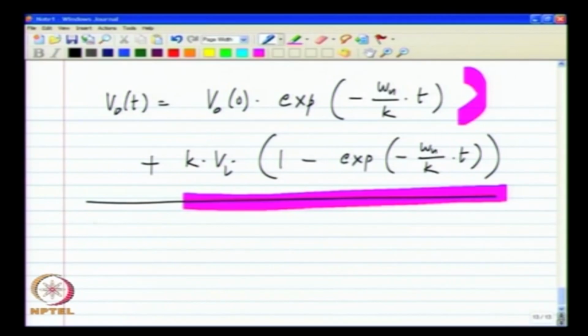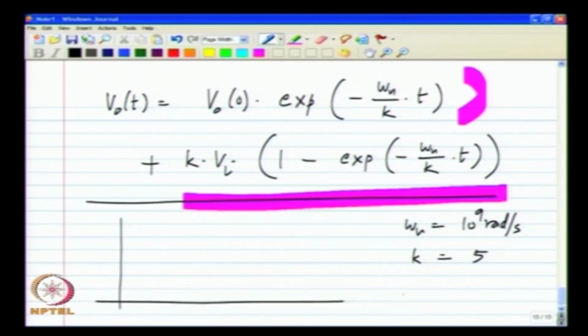So, let us first take the same example, omega u equal to 10 to the 9 radians per second, and let us say we take k equals 5, and let me plot V naught versus t. So, what does the curve look like?